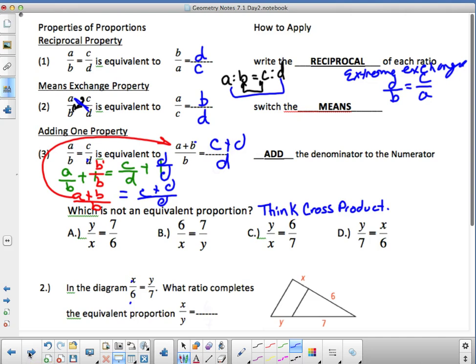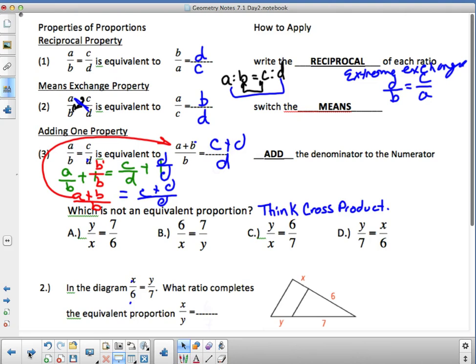Now, the shortcut, instead of showing that we added the fraction, is to notice that the denominator was added to the numerator. That's the adding one property. You could even look at a connection of the adding one property as subtracting the denominator from the numerator. Keep that in mind as we're going through.